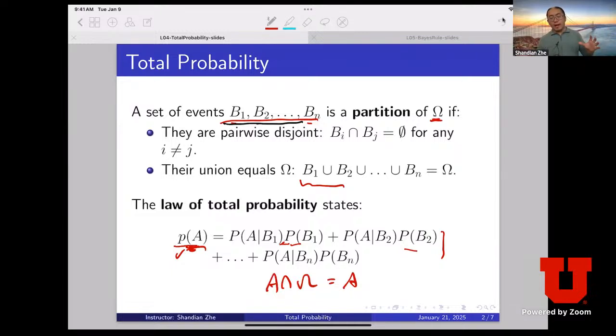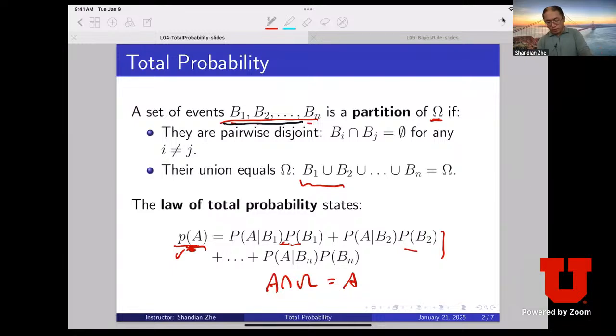We require that those n events partition the whole sample space. By partition, it means that each of those events takes one portion of the sample space, and those events are not overlapping with each other.